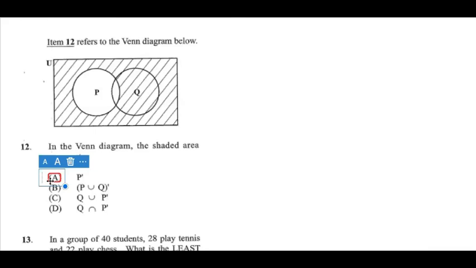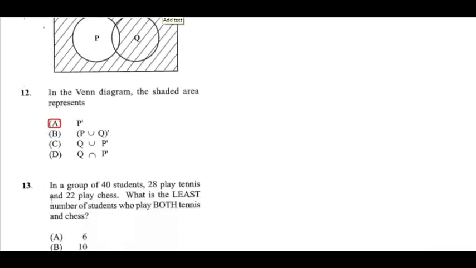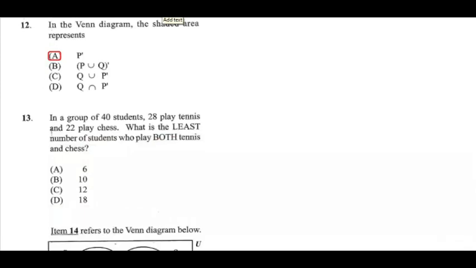The others might include P, or they are saying not the union, not the intersection, and that sort of stuff, but A represents that perfectly by saying not P. So everything else except P, and that is exactly what we are looking for.